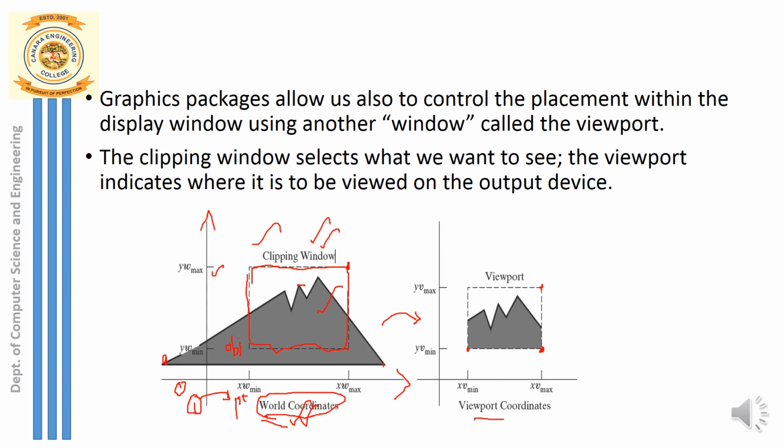And what would be my next step? Out of that entire object, I am choosing one small area. I am selecting an area that has to be finally displayed. How do I select that area? That selection is done with the help of the clipping window. So the next step is conversion from world coordinates to clipping window coordinates, or the clip coordinate system.